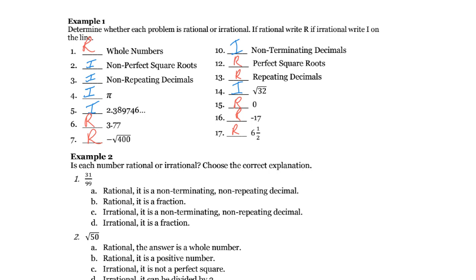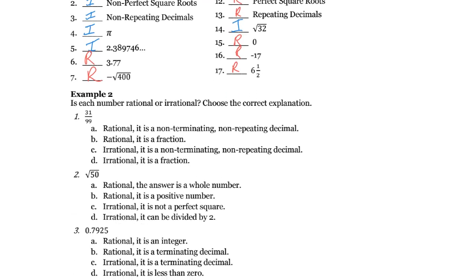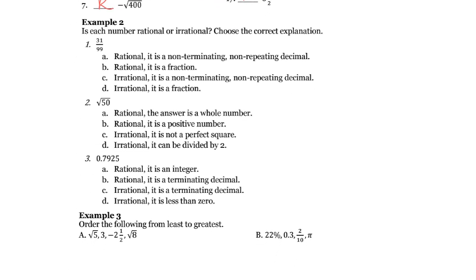Okay, so let's scroll down to example 2. Determine if each number is rational or irrational and choose the correct explanation. So this is the part we didn't do before. We just had to classify them, but this time you have to choose the right reason why. So 31 over 99. Is that rational or irrational?